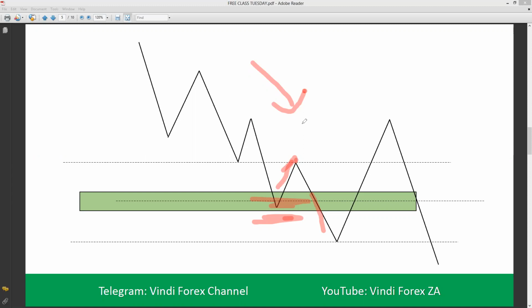But in order for them to place their positions nicely, they need to find better prices, or rather areas where they are not crowded.